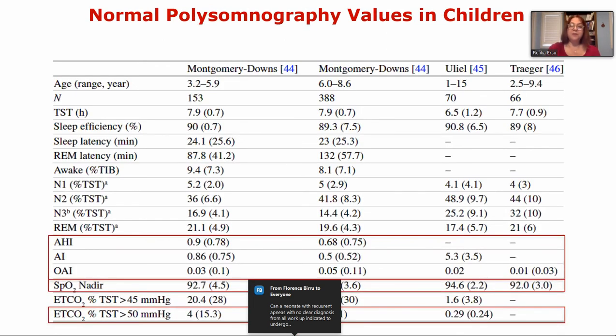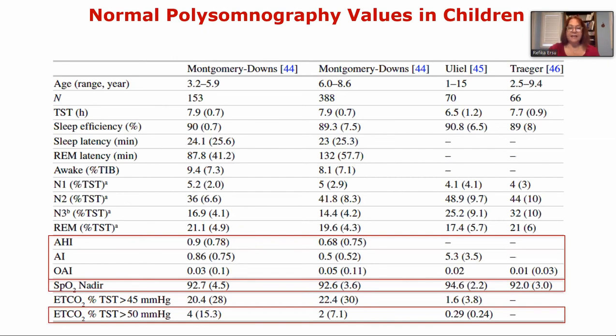When we look at the normal polysomnography values in children, it gets a little bit complicated because these are the older studies before the American Academy of Sleep Medicine rules came about. But suffice to say that apnea-hypopnea index and obstructive apnea index are very low in otherwise normal children. So this is a summary of 4 studies looking at the normal values in children.